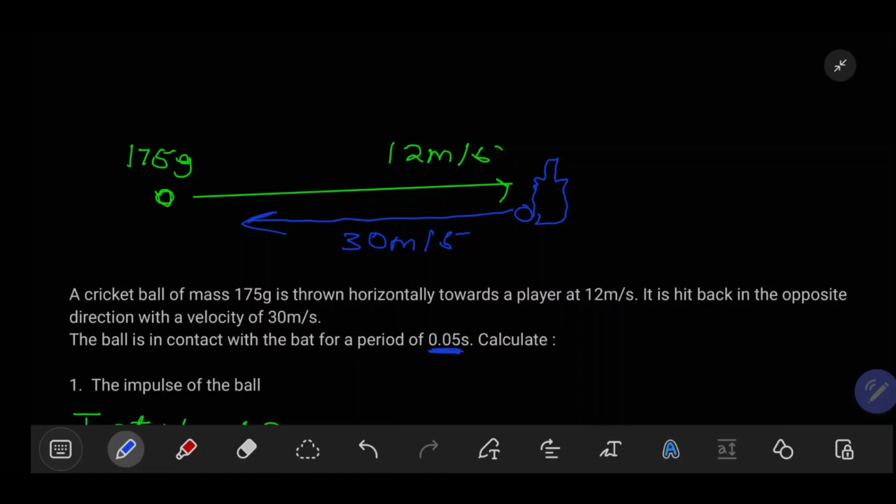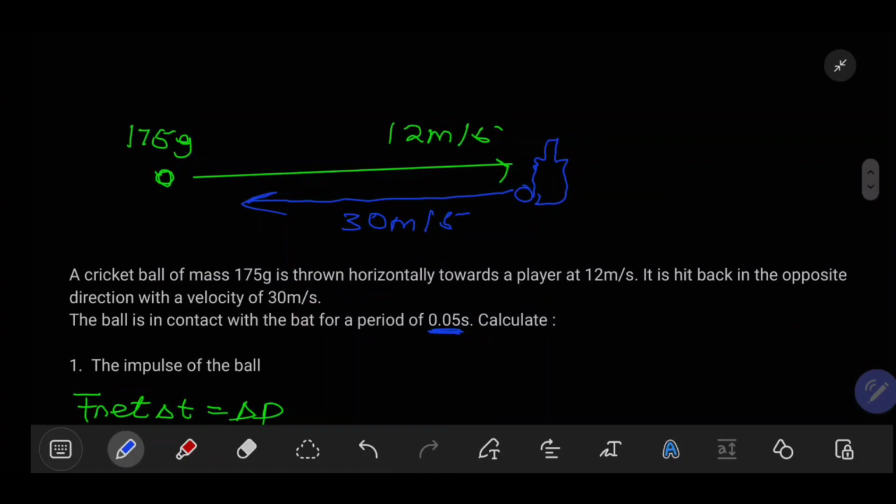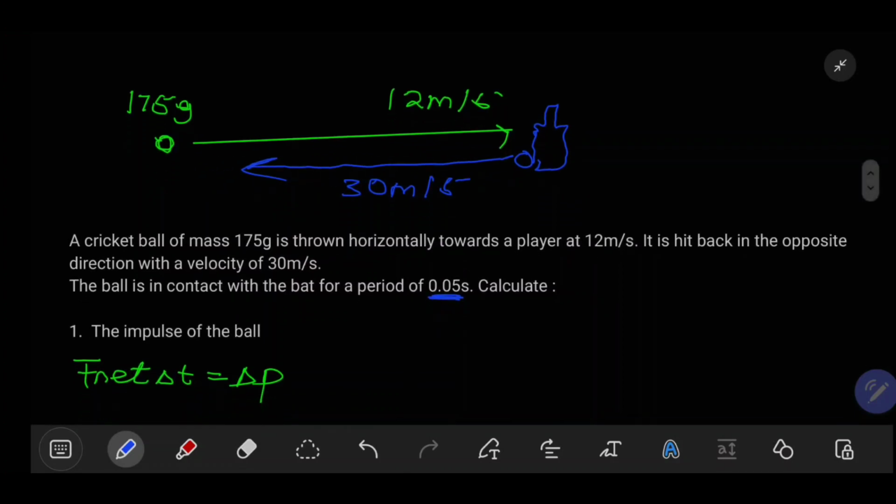From this scenario we can see the initial stage of the ball: it had a velocity initially, and then it changed velocity and direction. So here we can get the change in momentum of this cricket ball, and if we have the change in momentum of the ball, it means we found our impulse.